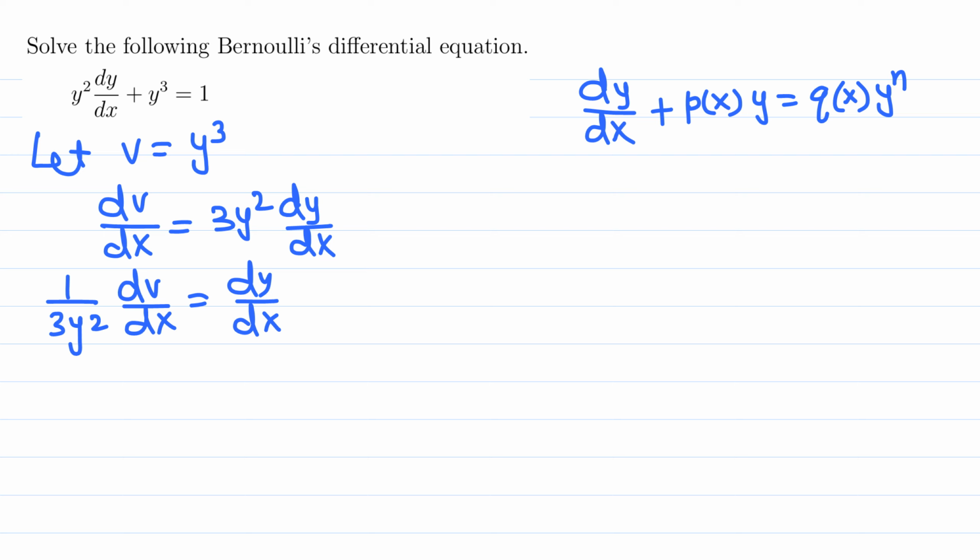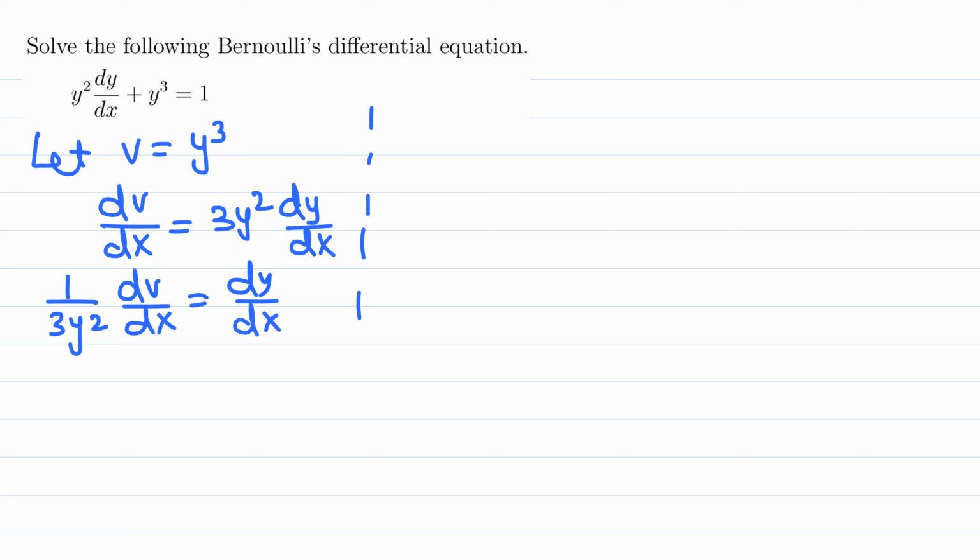Now we have all the substitutions. Let's convert this Bernoulli's equation into a linear one. With this, y squared times dy over dx becomes y squared times 1 over 3y squared dv over dx, plus y cubed, which is v, equals 1.